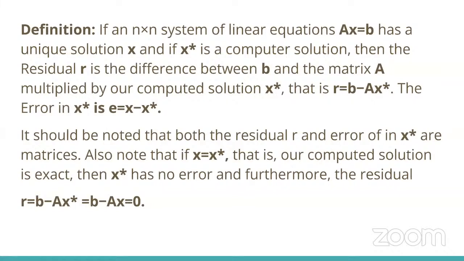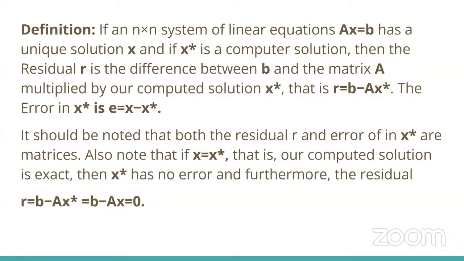Okay, so the basic definition is, for example, an n by n system of linear equations, that's Ax equals b. This is just a linear equation, as we all know, and it has a unique solution x. The x here is our exact solution, and the x star is our approximate solution.